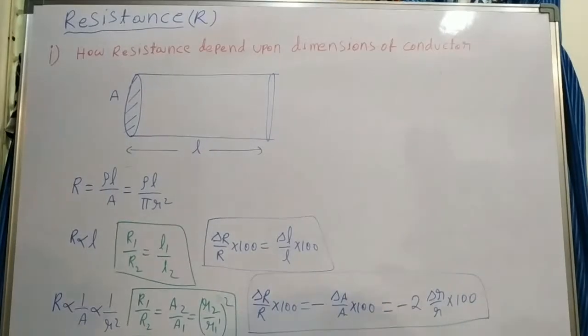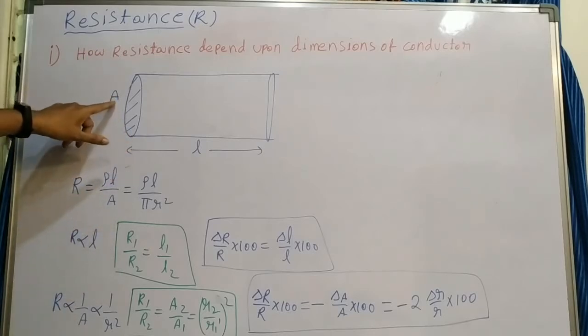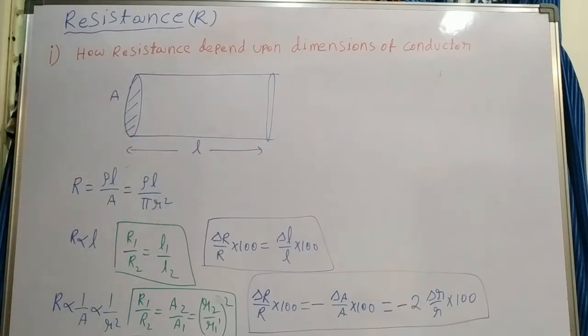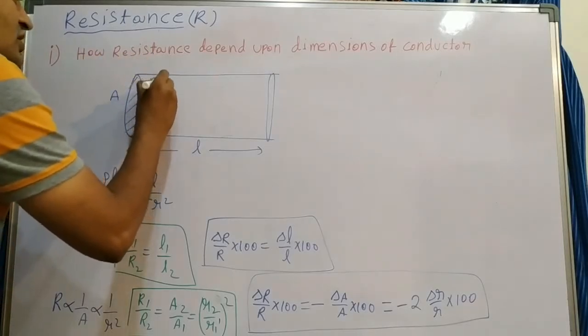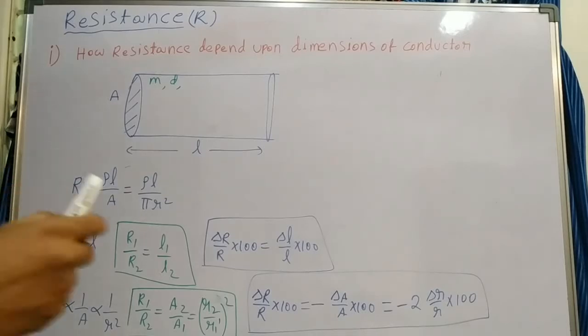So this is the relation we get for how resistance depends upon the dimensions of the conductor. Keeping area constant, only length changes, we can use this formula. Keeping length constant, area changes, use this formula. Now suppose we take a conductor with area of cross section A, length L, mass M and density D, and the wire is stretched.